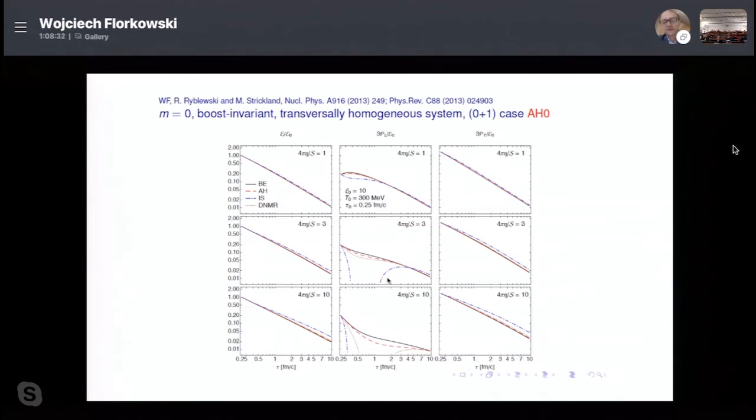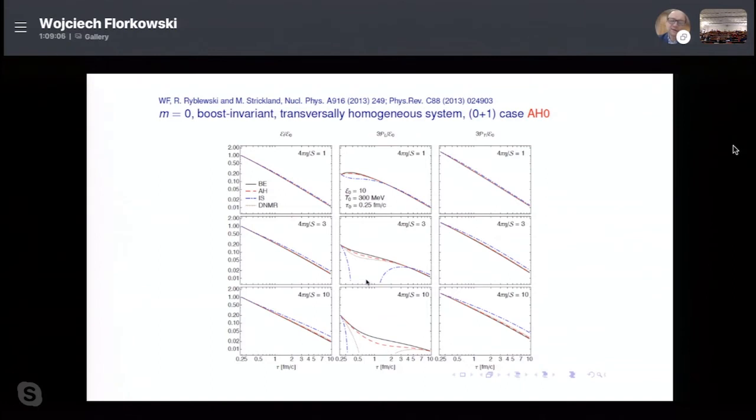Pressures become negative, and actually this was the motivation for Mike Strickland and collaborators to develop anisotropic hydrodynamics, because he was running the code and he realized that the code crashed sometimes because negative pressure is produced in Israel Stewart's theory. This happens usually at the edges of the system, but here this also happens due to large longitudinal gradients which are present in the Bjorken scenario.